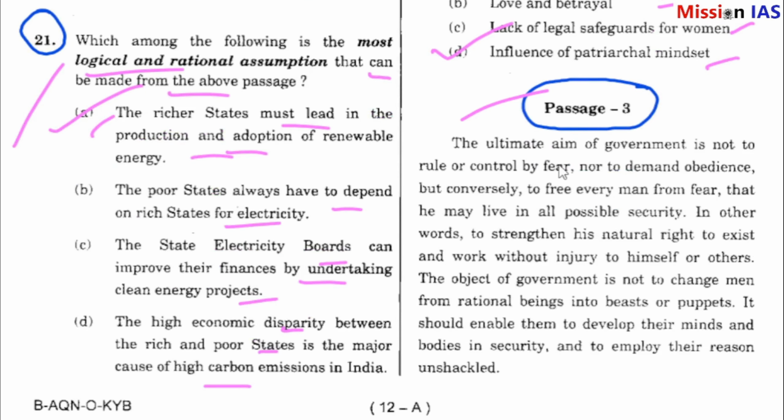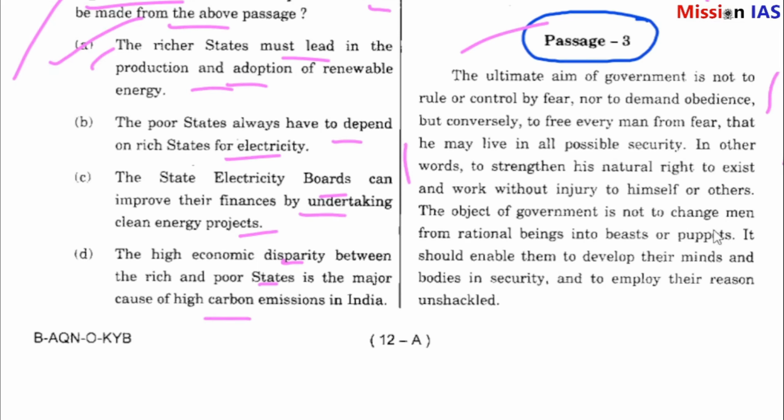So passage 3. The ultimate aim of government is not to rule or control by fear, nor to demand obedience, but conversely to free every man from fear, that he may live in all possible security.